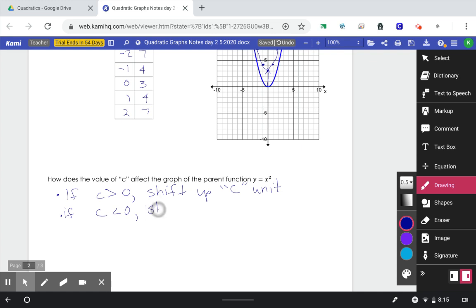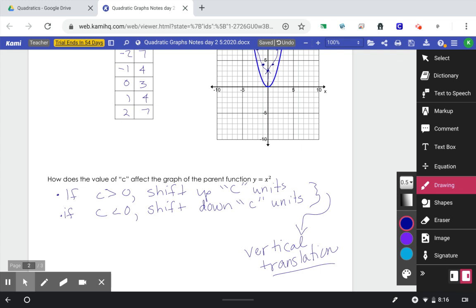So you're actually shifting down C units. Okay, they call this a vertical translation. You're just shifting that graph up or down.